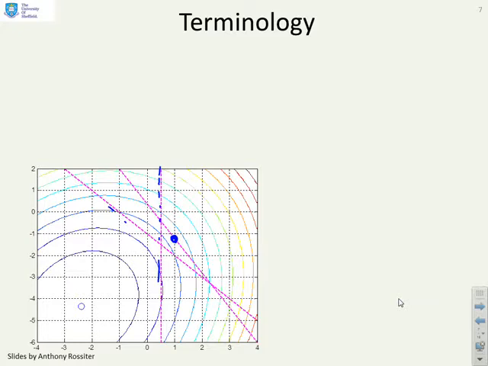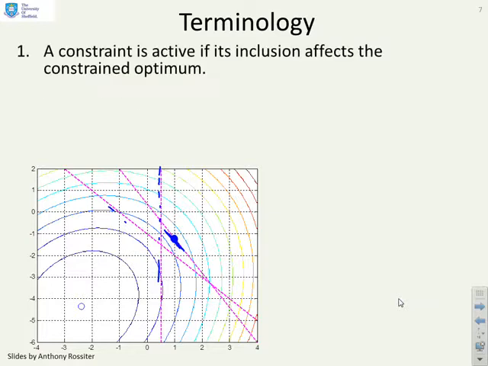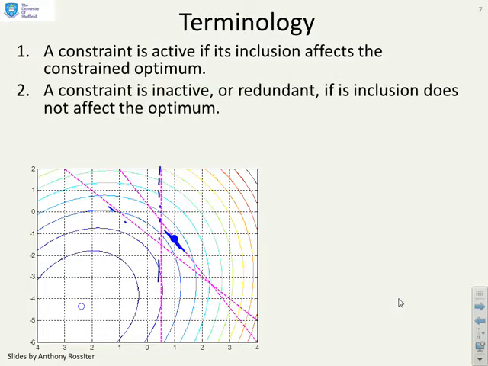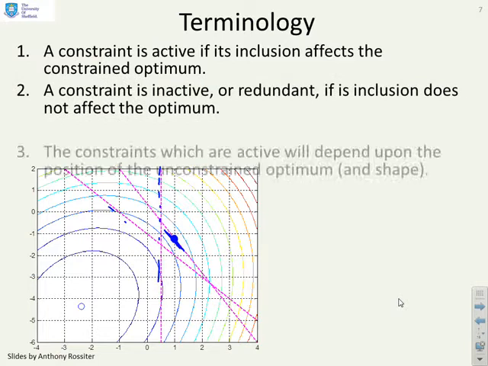Okay, so my optimum is actually based solely on this constraint. You'll see the other two constraints are redundant in this particular case. Now a constraint is active if its inclusion affects the constrained optimum. So in this case, only one constraint is active. Now a constraint is inactive or redundant if its inclusion does not affect the optimum.